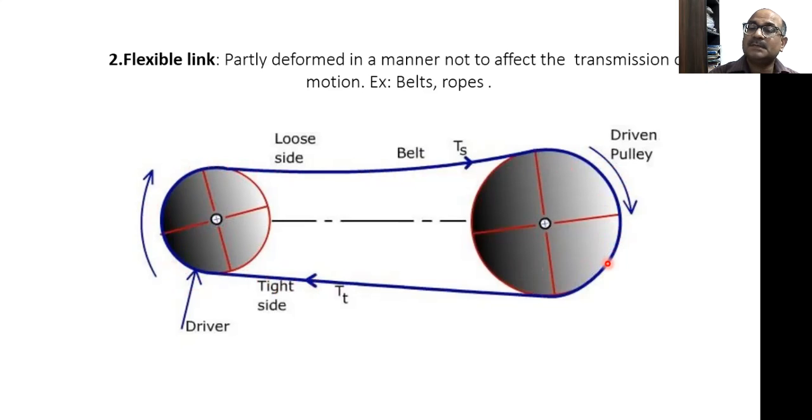It is not like the belt is being broken; that we cannot consider over here. If the belt is working properly, doing its job of transmitting the force and providing the motion, then this is the flexible link we can consider.